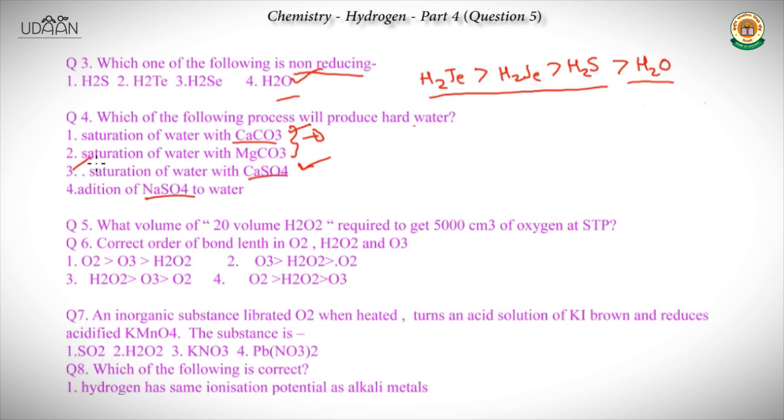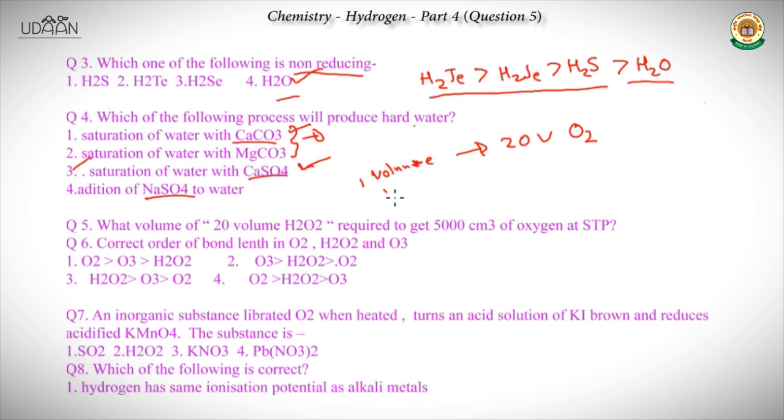Now we have a fifth question. What volume of 20 volume H2O2 is required to get 5000 centimeter cube of oxygen at STP? Okay, 20 volume H2O2 means that one volume of H2O2 will produce 20 volume of oxygen.